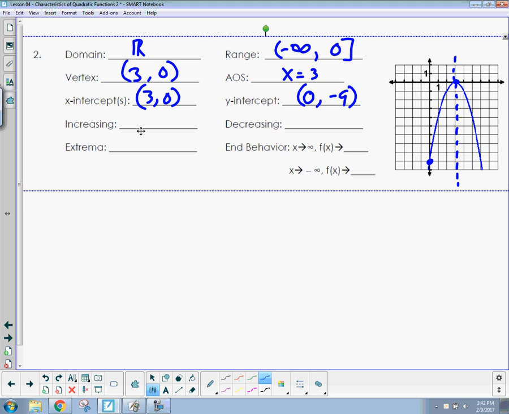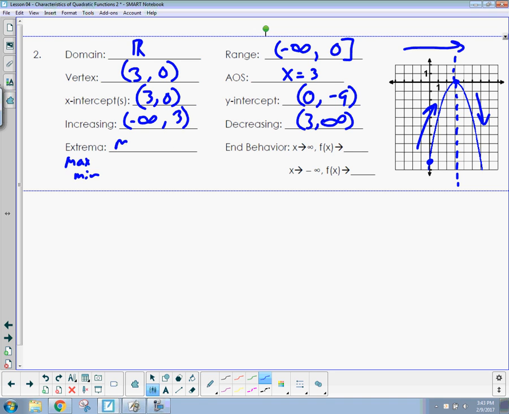Increasing, it's going uphill right here. So that's -infinity to 3. Decreasing, well, it's this side. So 3 to infinity. And remember, these are x values, reading left to right. Extrema, again, was that max or min. This is a mountain, so we're looking at the max.